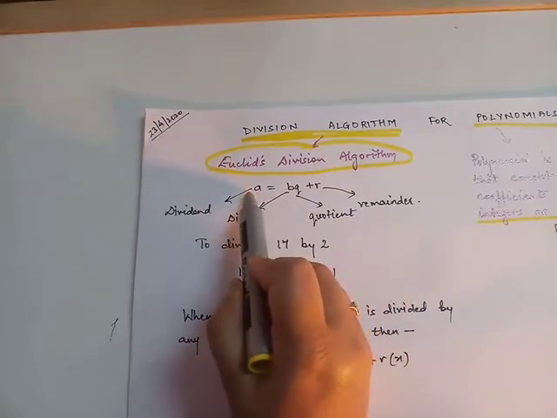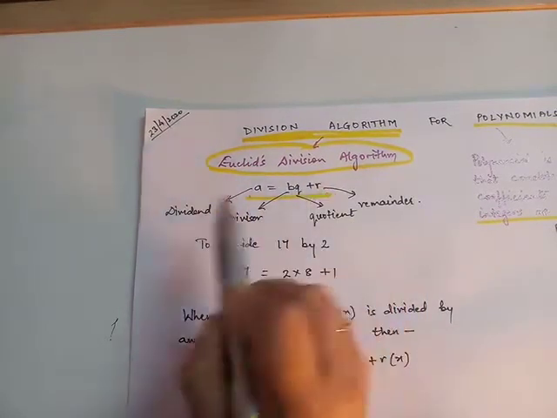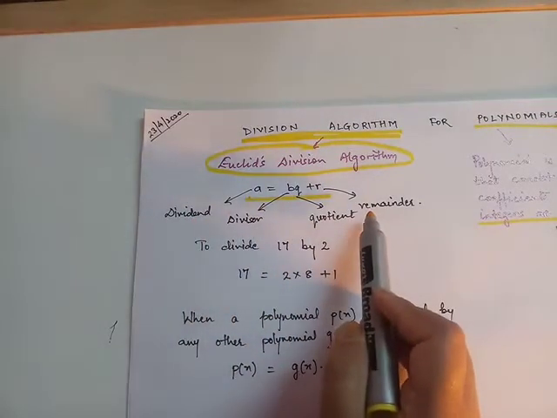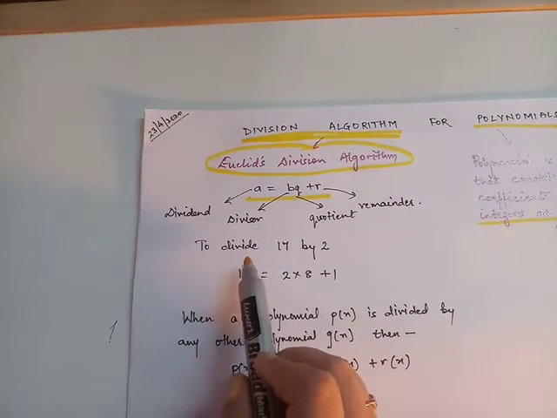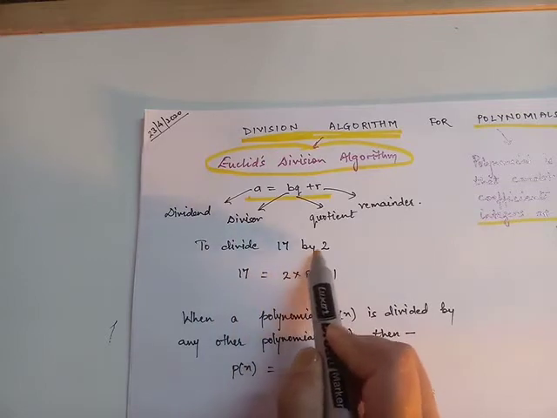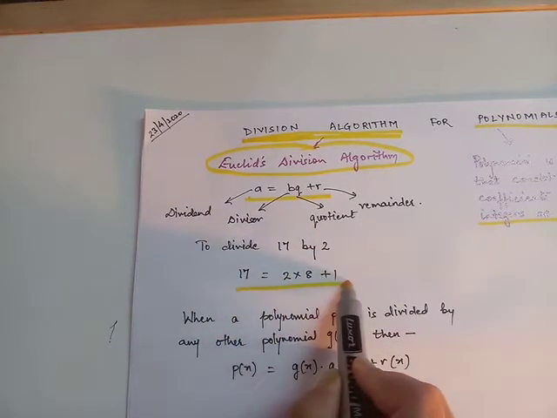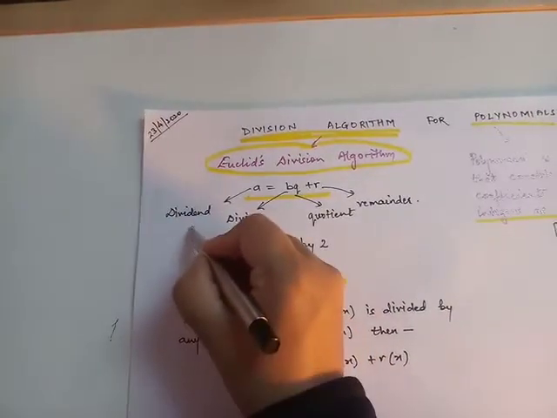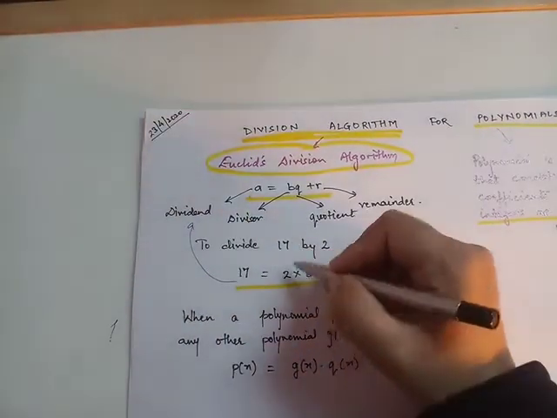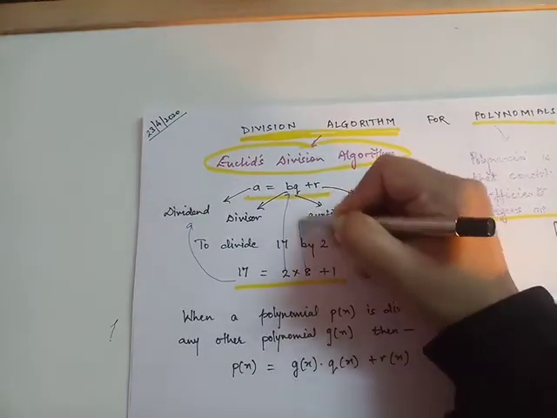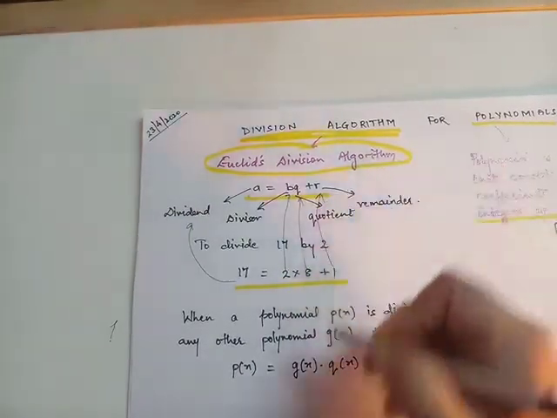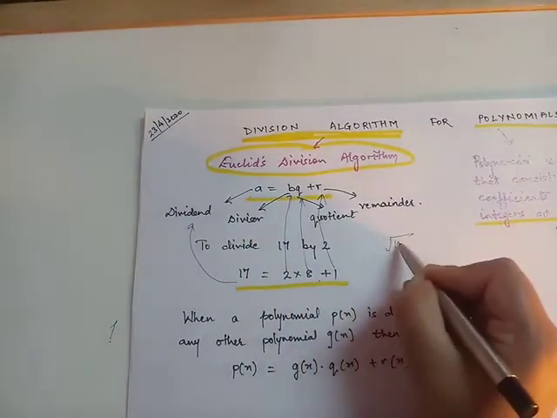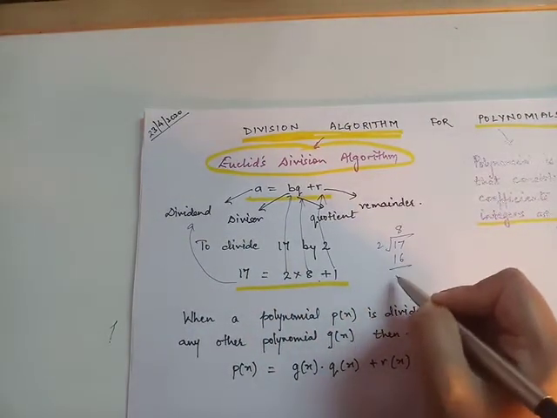The mathematical statement is a = bq + r, where you know what these stand for, right? So, if we were to divide 17 by 2, we could have written it like this, where 17 is the dividend, 2 is the divisor, 8 is the quotient and 1 is the remainder.